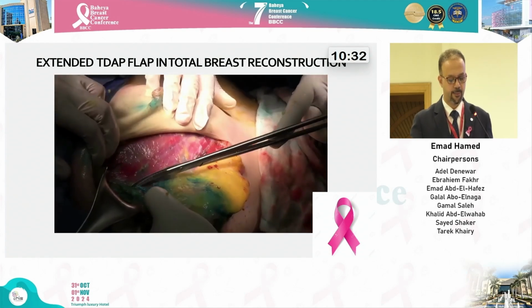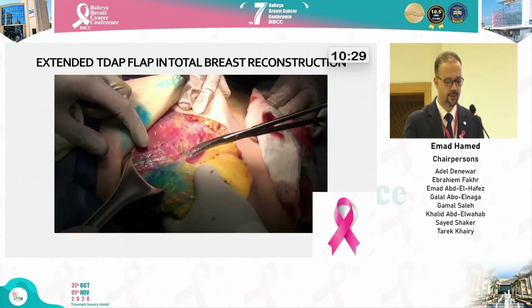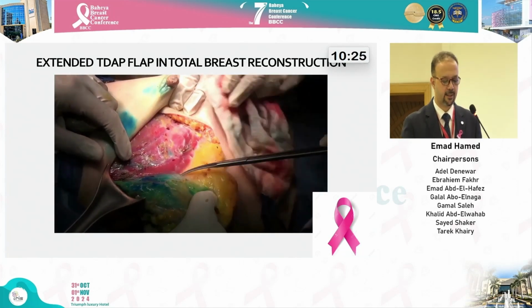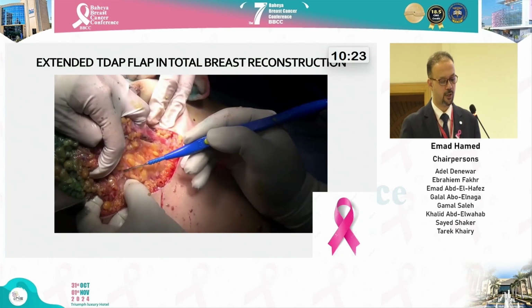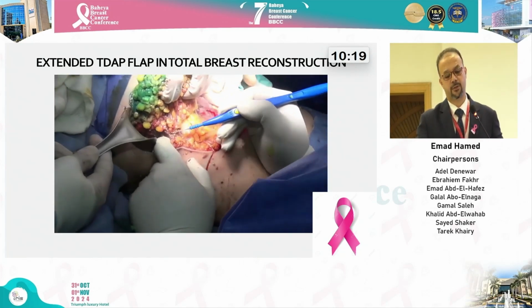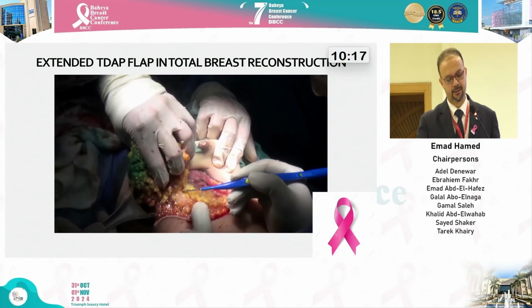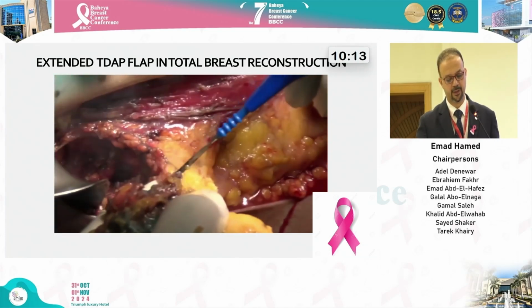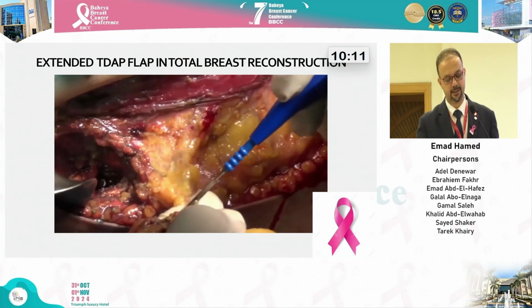So this is the prepectoral fascia, and the first phase of the operation is to retrieve the mastectomy specimen using sharp dissection.